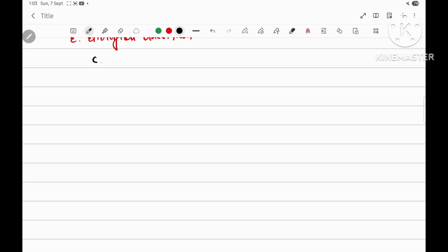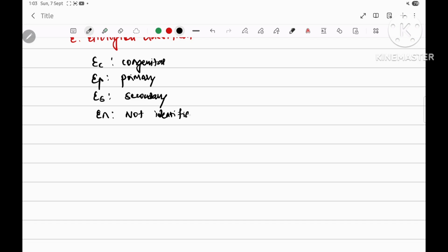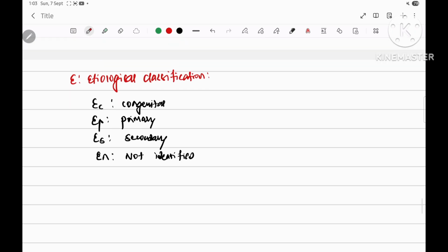EC means congenital, and EP means primary cause, and ES means secondary cause, and EN means the cause is not identified. In this way you can write the etiological classification.